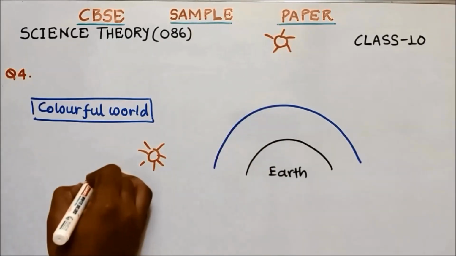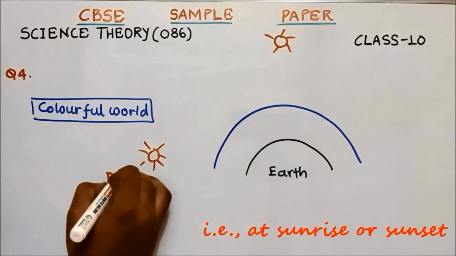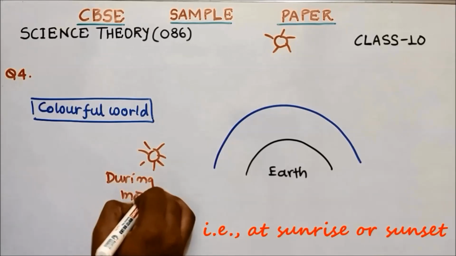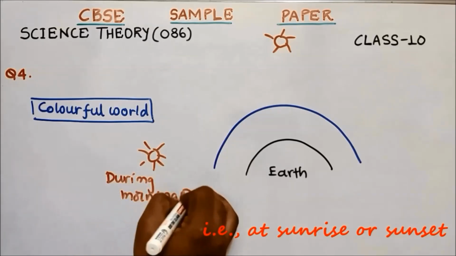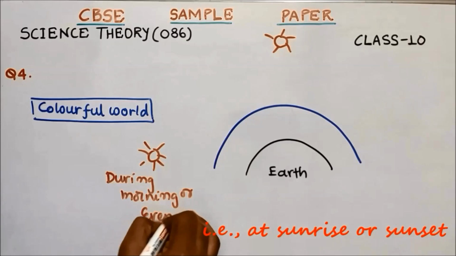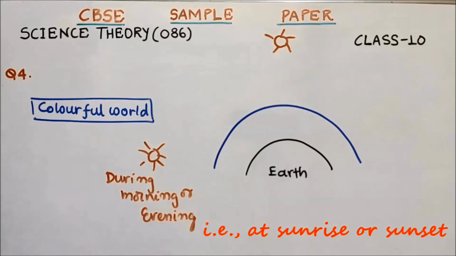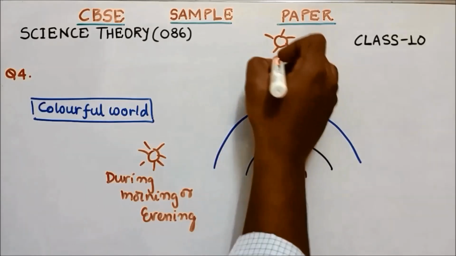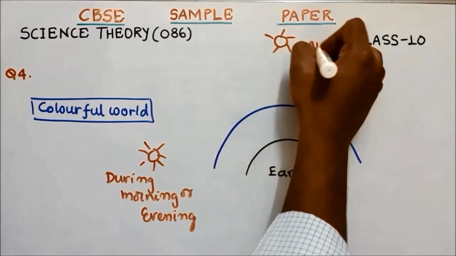So at the horizon, this could be during morning or evening, and sun overhead, so this could be at noon.